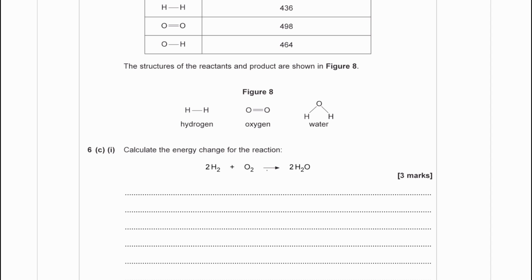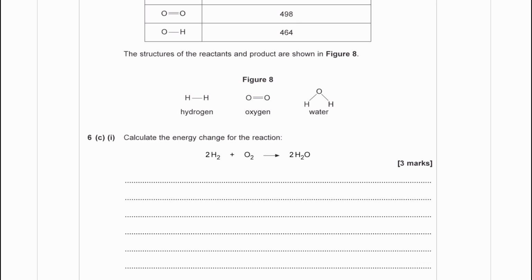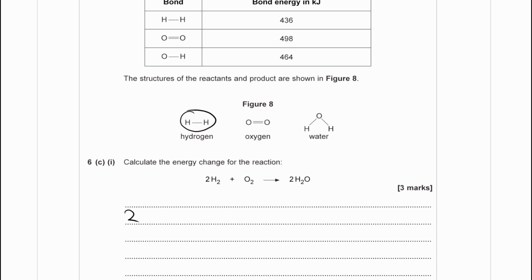All right, so in this question, basically, we need to think about the energy we're going to add in. Obviously, you add energy to break bonds and the energy released when bonds are made. So the bonds that we're going to break, well, we have hydrogen gas, but we have 2 of them. So we need 2 lots of the amount of energy that we supply to break those hydrogen bonds.